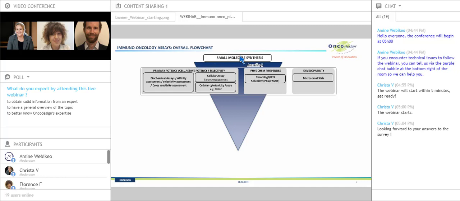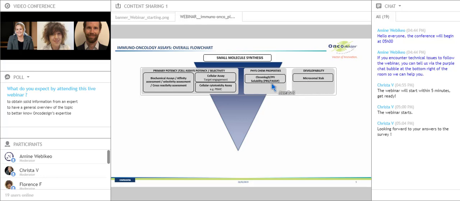Usually you run assays to assess the potency of your compound, either biochemically or in a cellular assay. You also have tests to assess the physical properties, and you start to test the developability of your compound by, for example, microsomal stability assays.